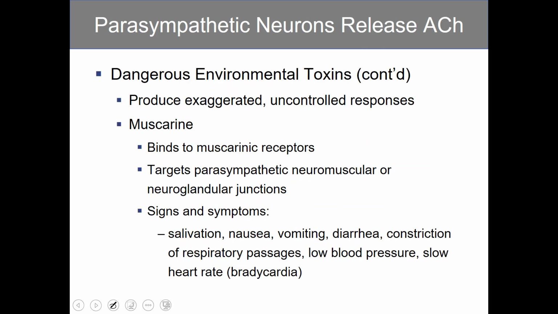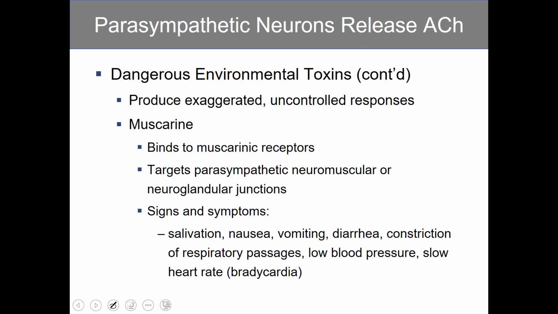Muscarine is the active ingredient of the shroom. Some species of mushrooms have been found to contain chemicals that can elicit some type of response, and these can be abused.